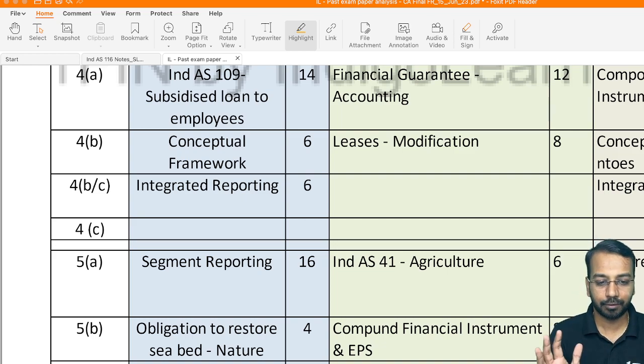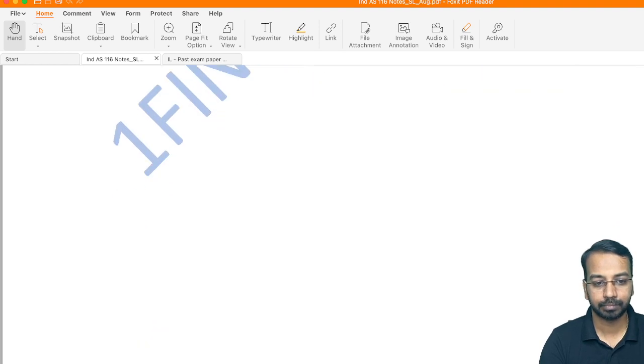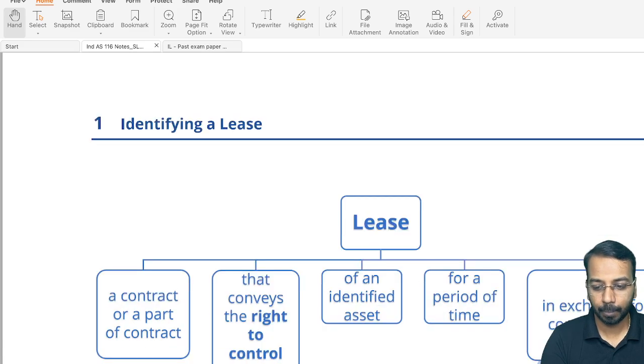Okay. Now enough of background. Now time to get into the standard, that is Ind AS 116 on leases. Now, as I told you earlier also, I will not be going into 100% of depth of a particular standard.